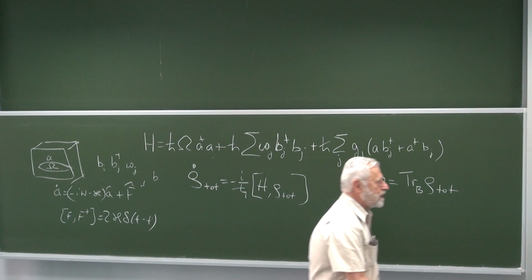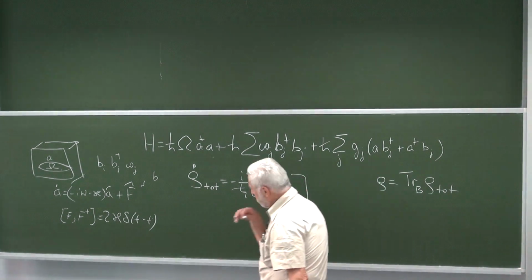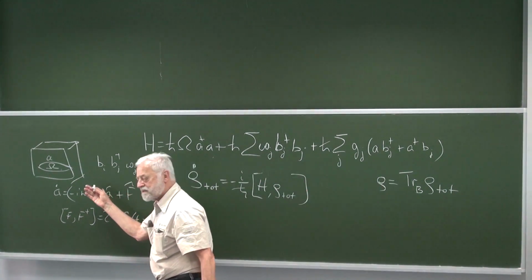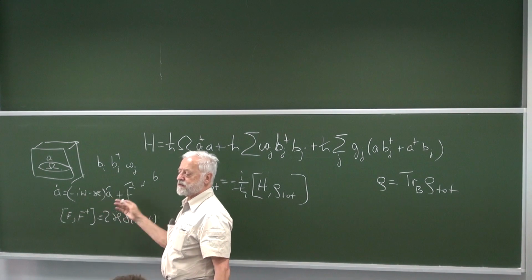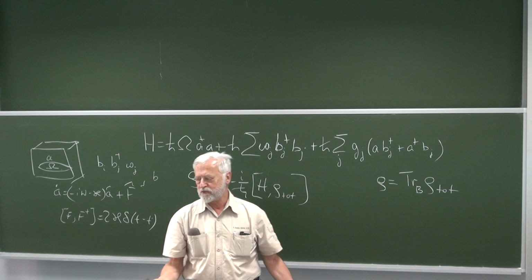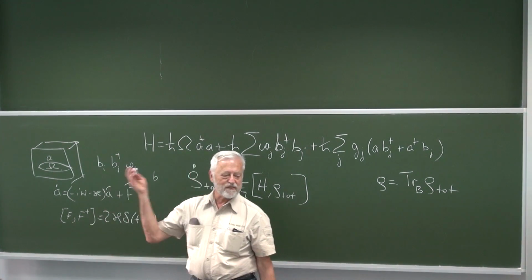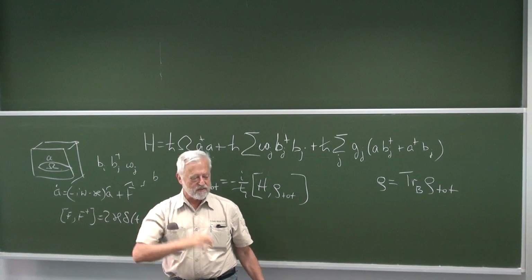So it makes sense to assume that this subsystem, which is a reservoir, all the rest, has an evolution which does not feel this little photon or two that could emerge from the cavity.